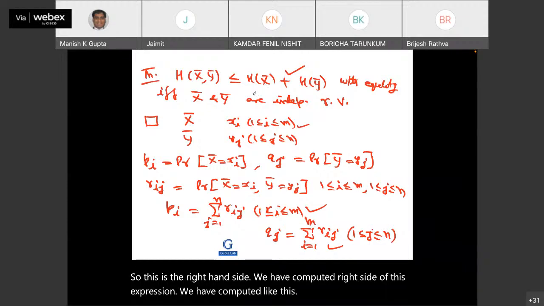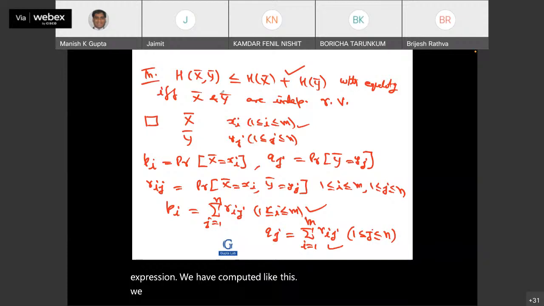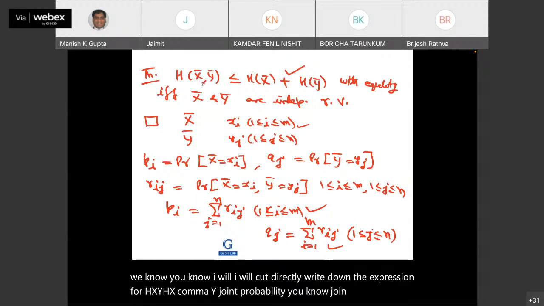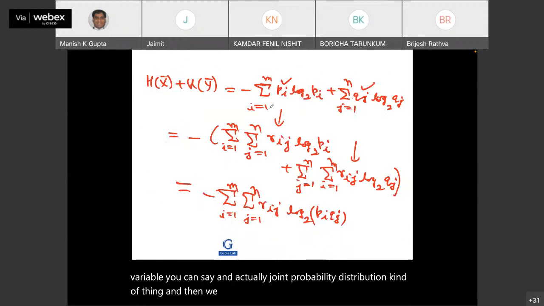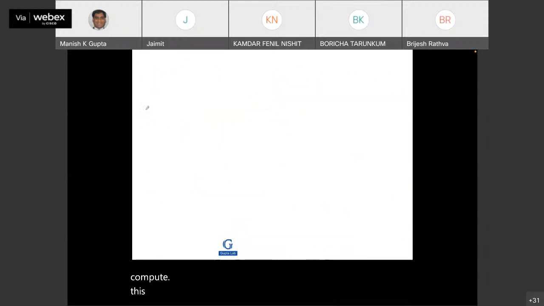Now I will directly write down the expression for H(X,Y), the joint random variable, or actually the joint probability distribution kind of thing, and then we compute this difference. Let me compute this difference.